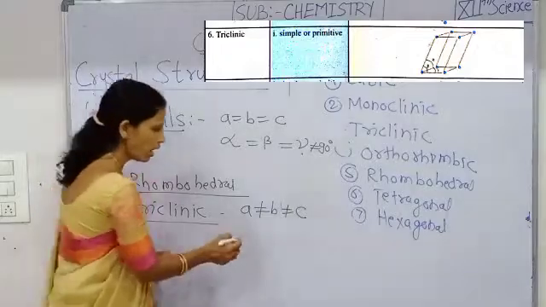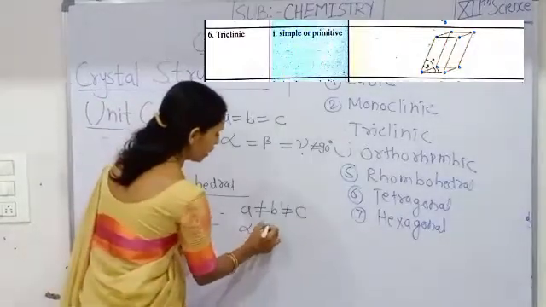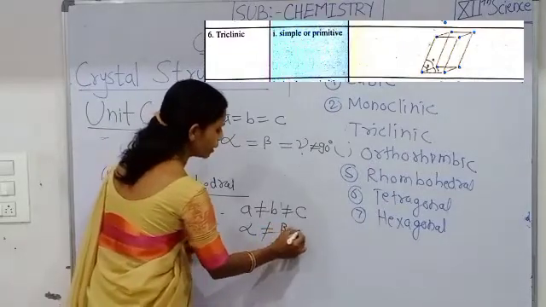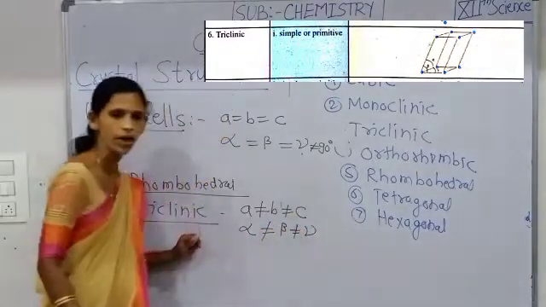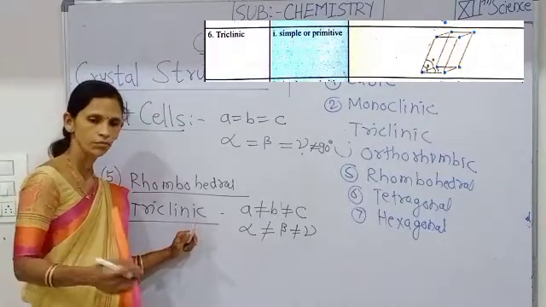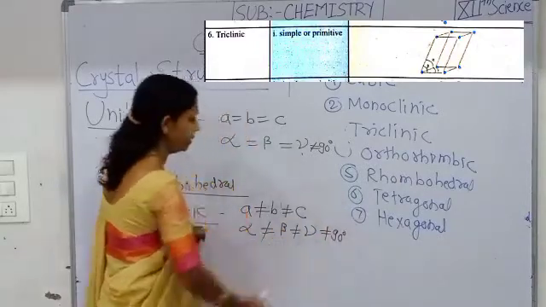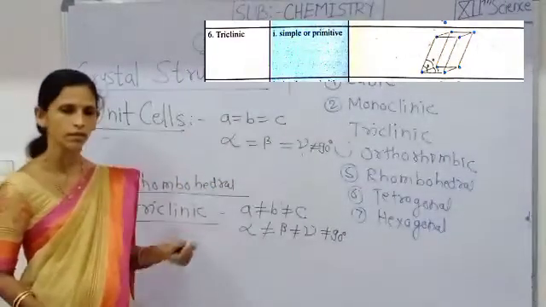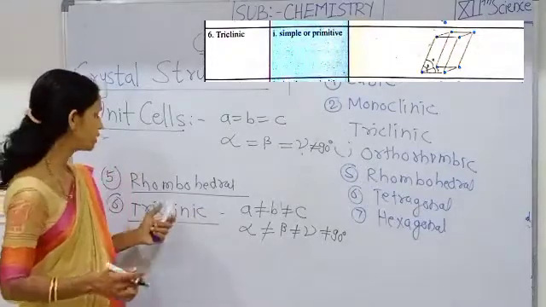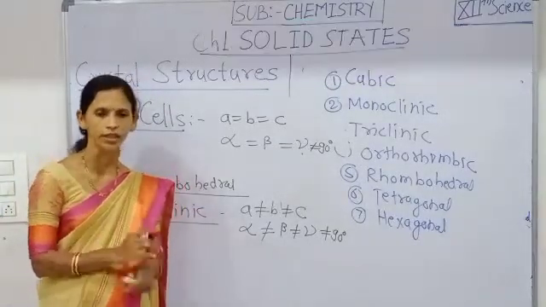Alpha is not equal to beta is not equal to gamma, those are of different measurement as well as not equal to 90 degrees. Then in the triclinic unit cell, only one type, that is the simple type of triclinic unit cell, is there.